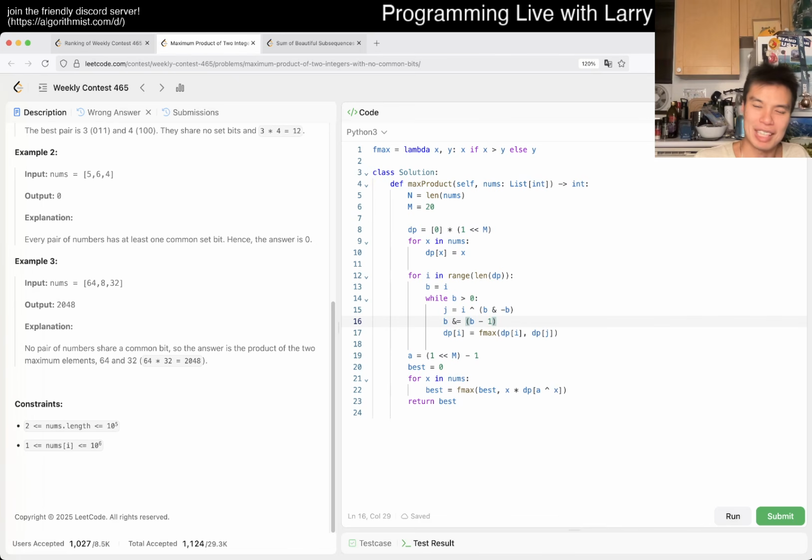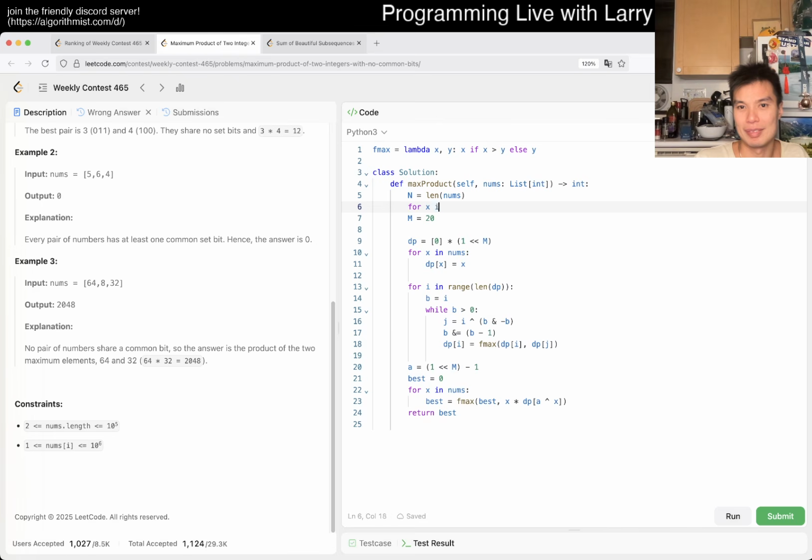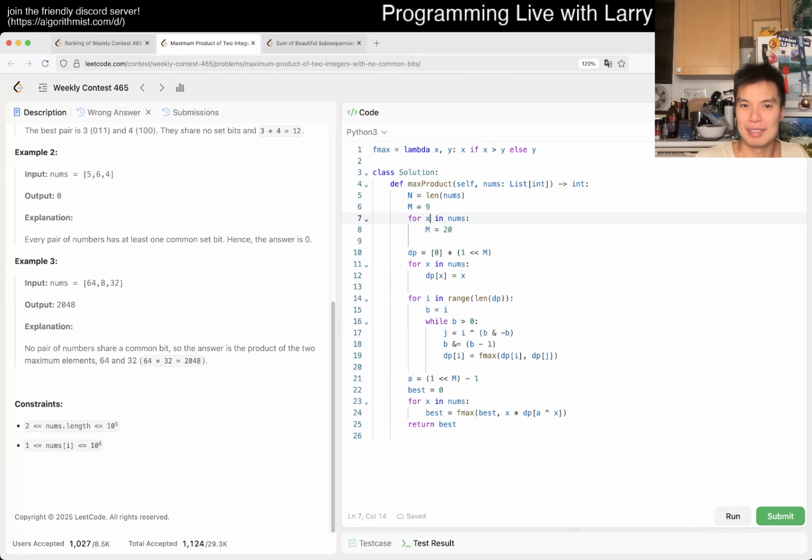I can't really optimize that much. This is two, this is 1 million. Maybe you could do some optimization on this thing, but at this point, it's just guessing on the input, right?